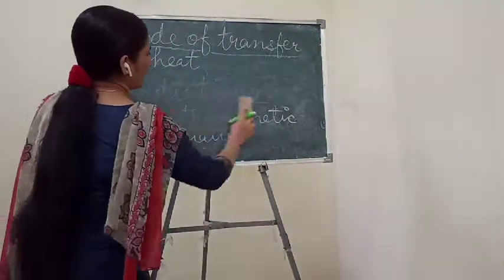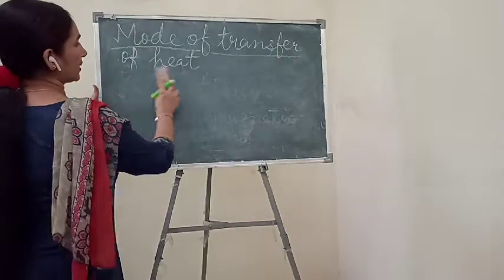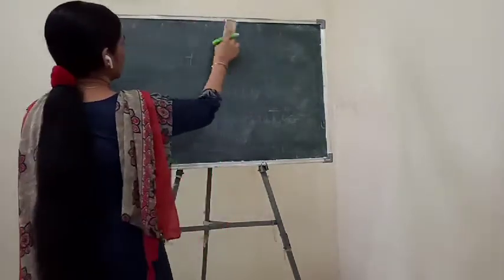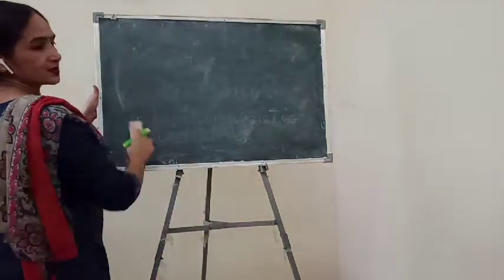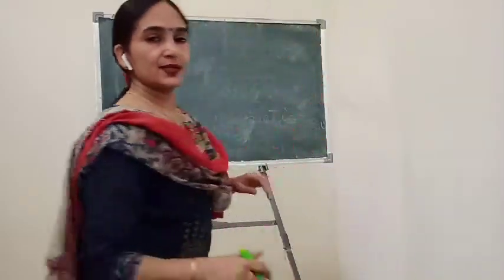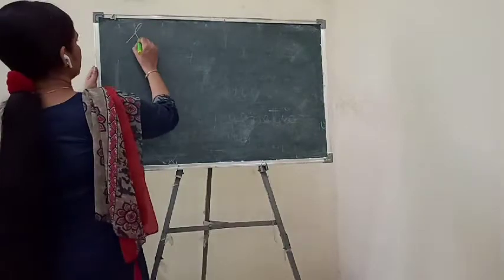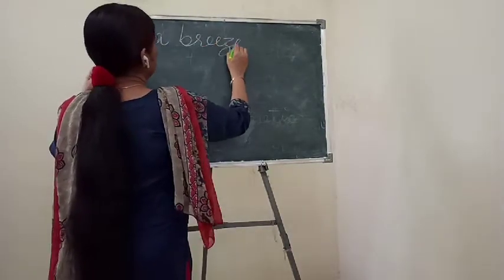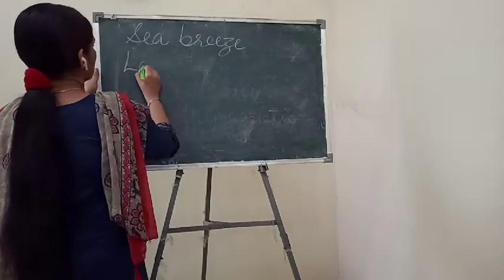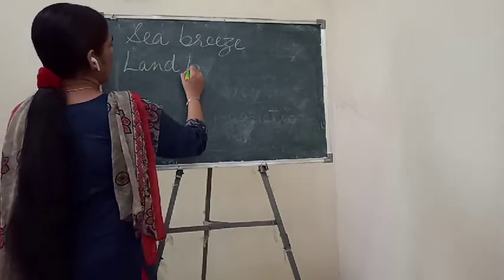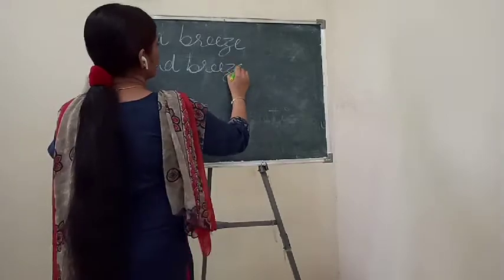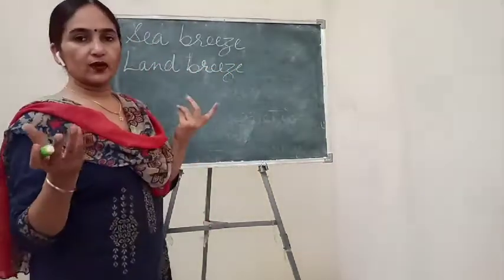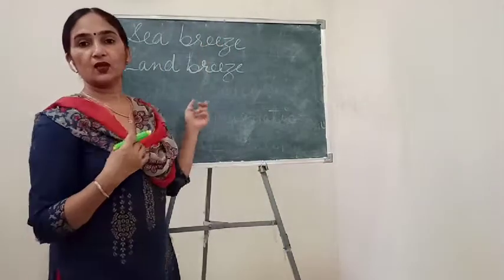Related to this topic, we have one more topic in this chapter, that is sea breeze and land breeze. Okay, sea and land, you know what they are, but what is the meaning of breeze?